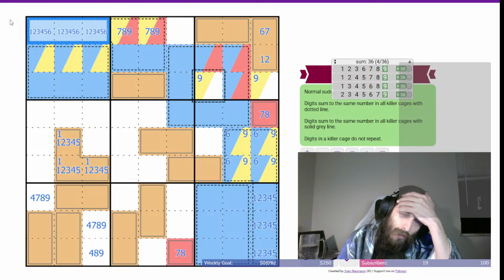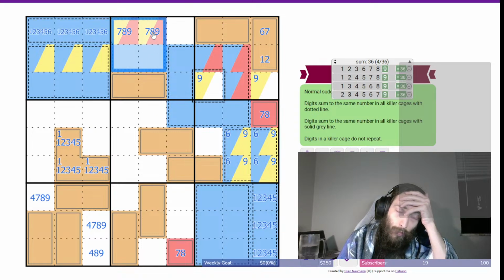This could be 1, 2, 6, but it's still taking 2 digits from 1, 2, 3. You'd be missing 4 and 5 from here. We did 1, 2, 6.